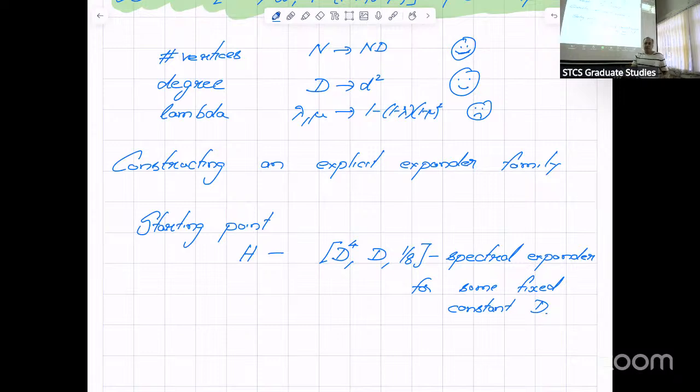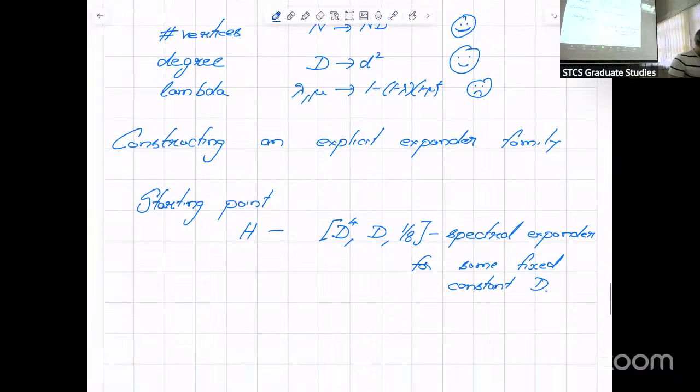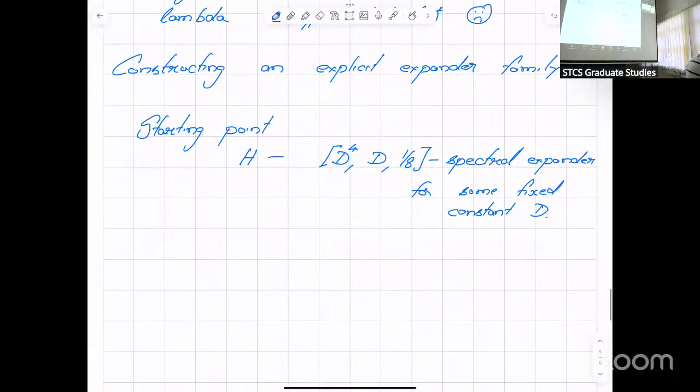You know there exists an expander; a random capital D regular graph on D power 4 vertices will be an expander. Just run over all of them, pick the best one. And from this, we are going to construct, so this is going to be construction 1.